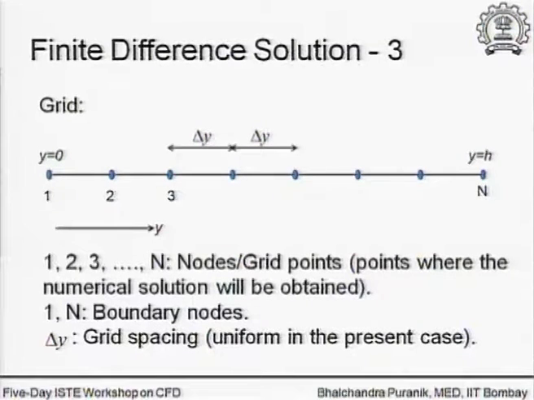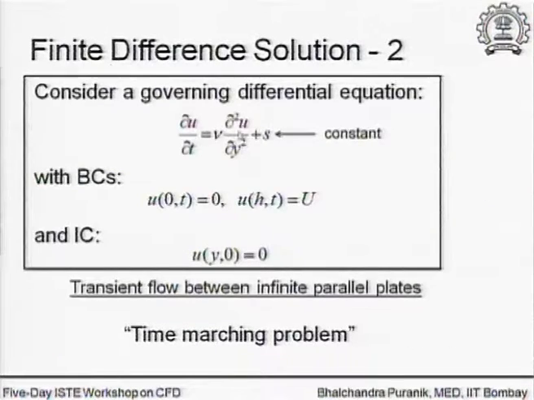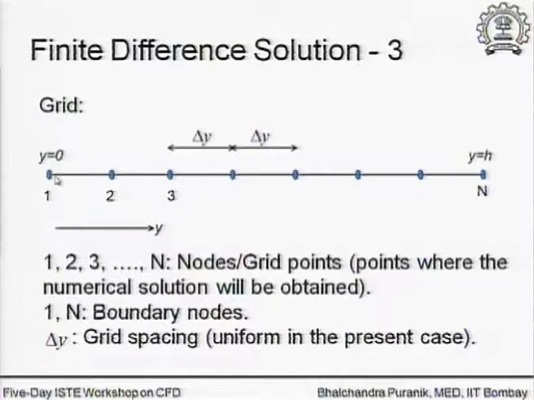In any of these numerical simulation problems, you first come up with a grid, which is basically a division of your domain of interest into a number of mesh points. In this particular case, we have a y domain only going from 0 to capital H. That is what I have shown here through this sketch.